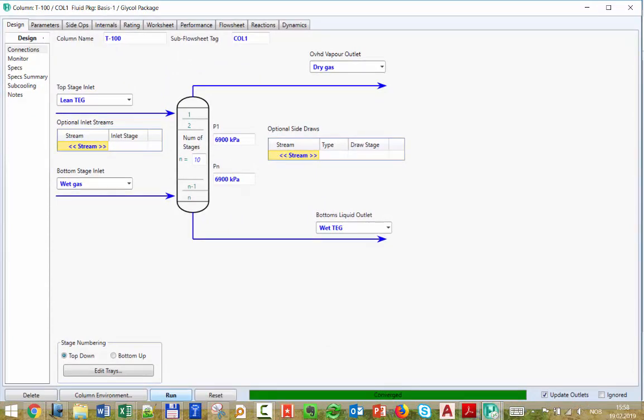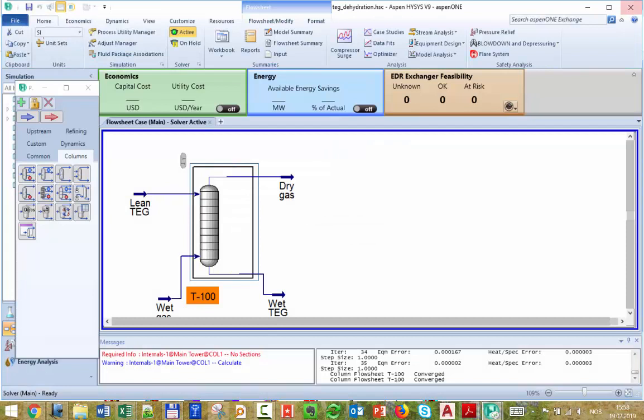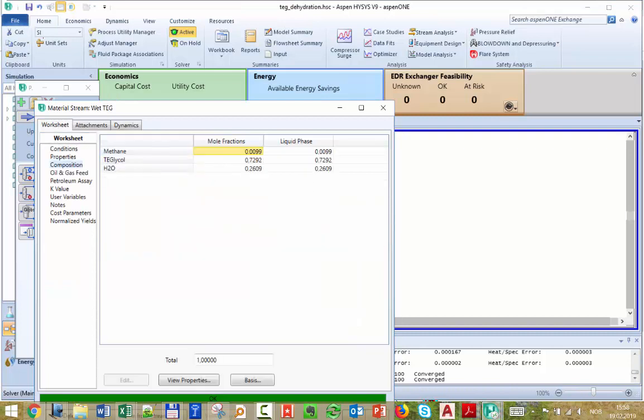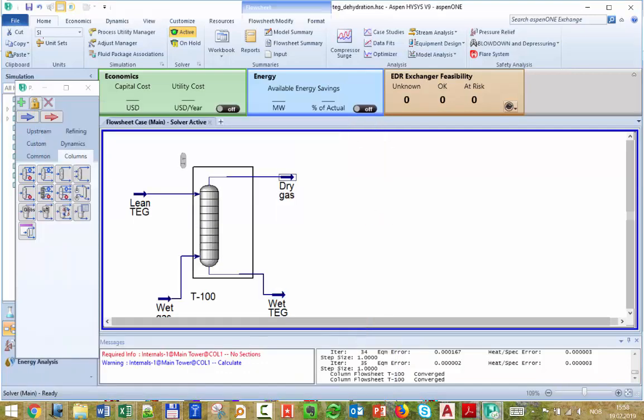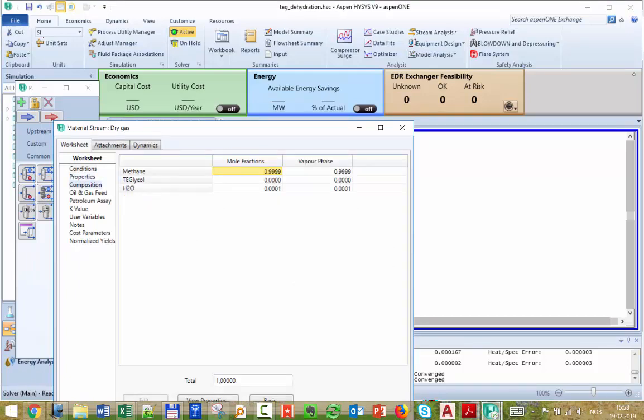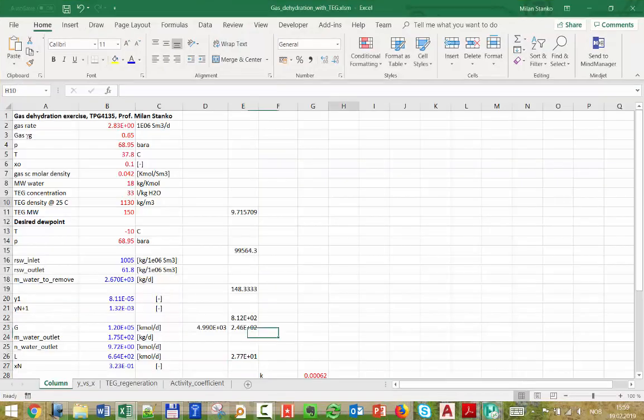It converged with 10 stages and now let's see the fraction that we get. Close to 30%, 26, what we got just now. And then the dry gas should have very low water content. Actually, we cannot see the number, we have to paste it in Excel. 8.77, similar to the numbers we just found here.